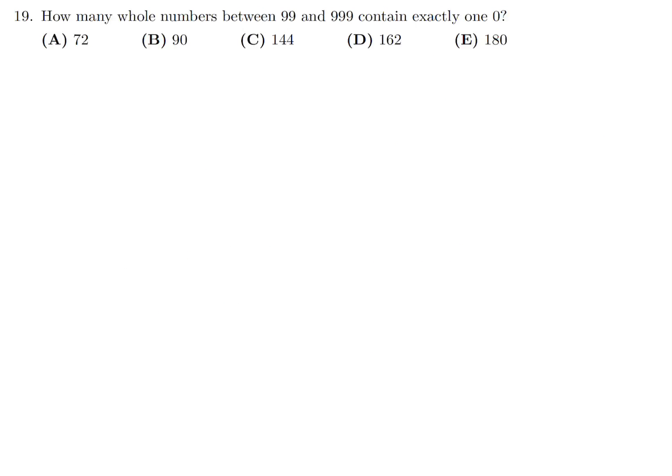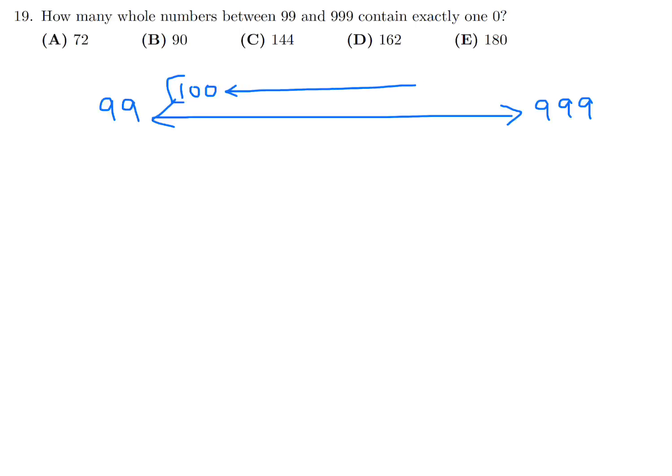How many whole numbers between 99 and 999 contain exactly 1 zero? All right, so we've got a range from 99 all the way till 999. That's our range. So in terms of the actual numbers, it's 100 to 998, because they're between, right?